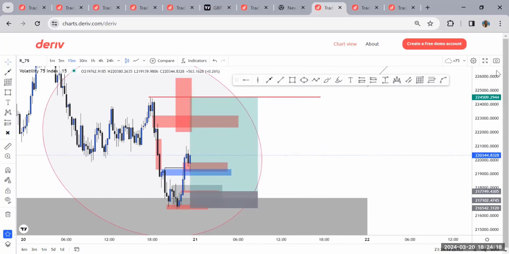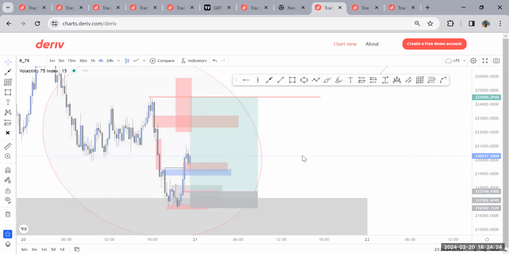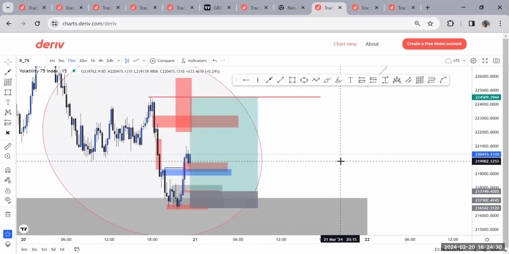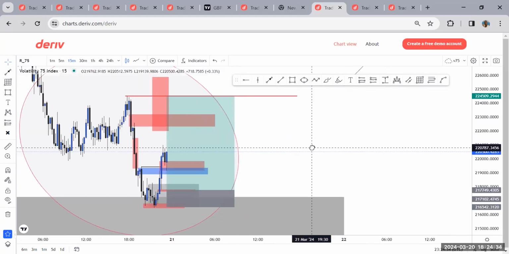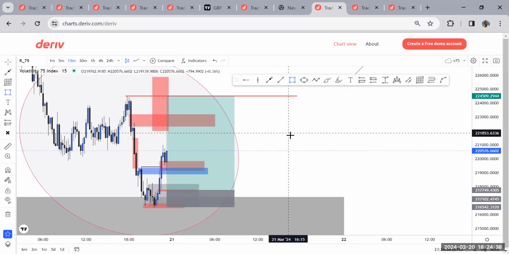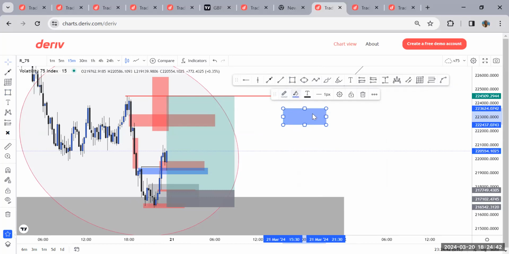So always mark your POI on a higher time frame. Like 4 hour, 1 hour, 2 hour. Always mark your POI on that time frame. So let's say this is your 4 hour POI, bearish POI for that matter.